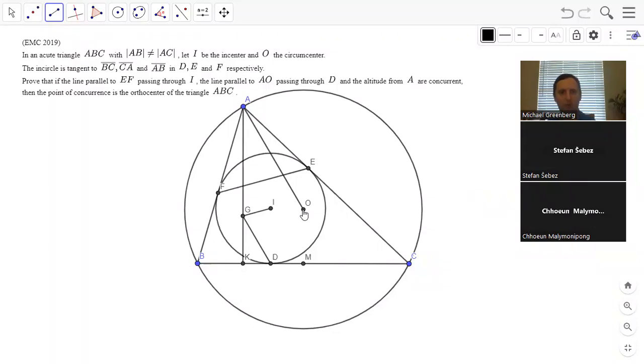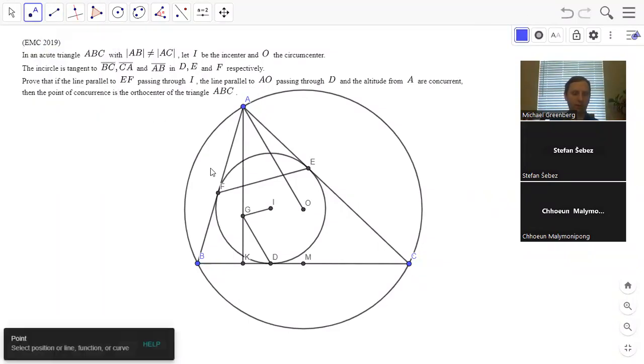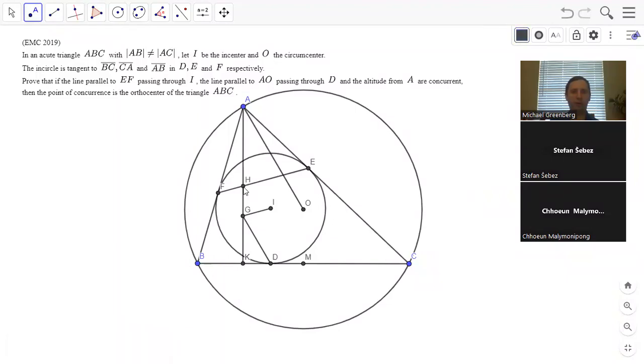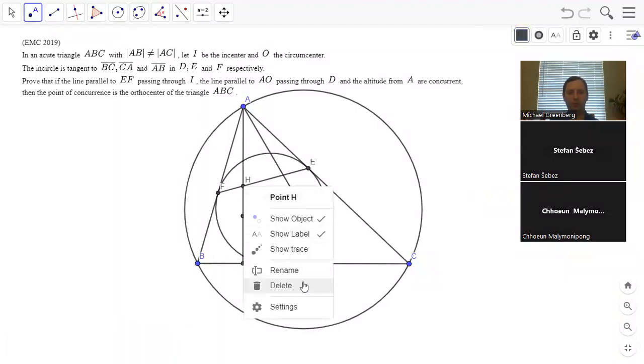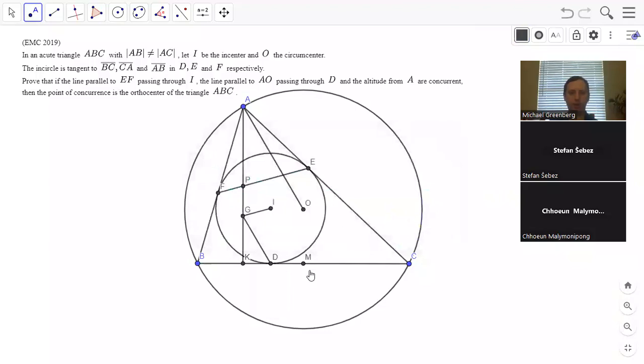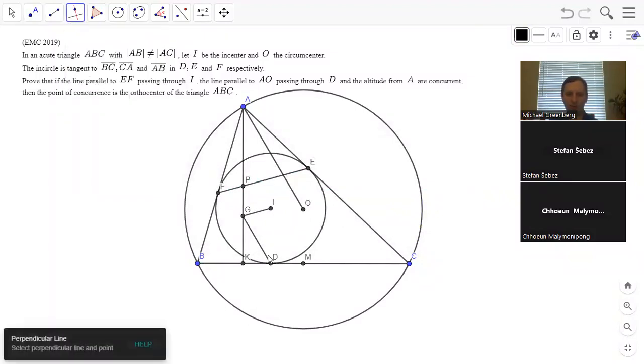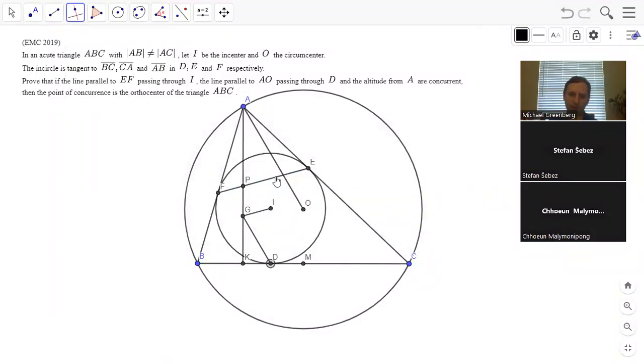All right. So it looks like in this configuration, it's going to keep calling things H, but it looks like BP might be perpendicular to EF. Oh, that's not true. In fact, it's really that.